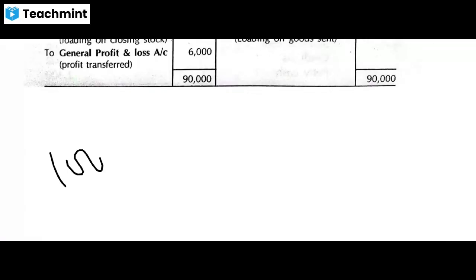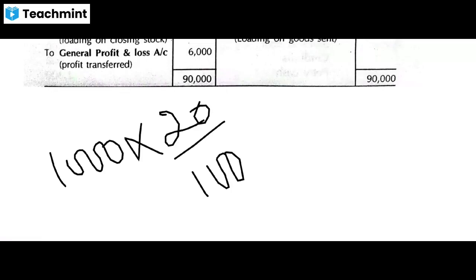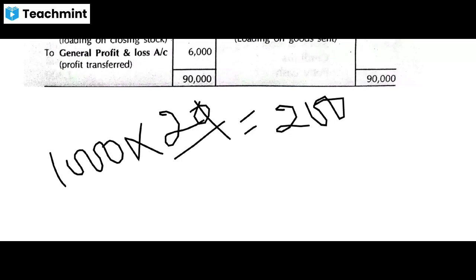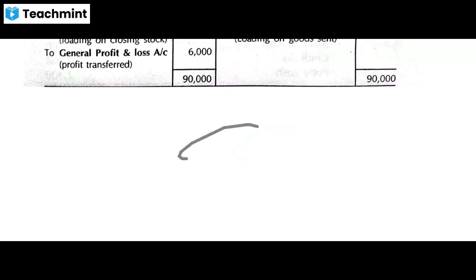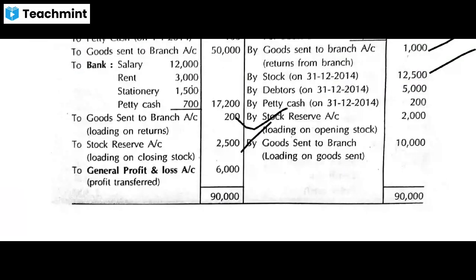So 1,000 into 20 by 100, that is 200. 200 is the loadings on goods returned by branches. That will be treated in the debit side of the branch account. See here, loadings on returns, 200.